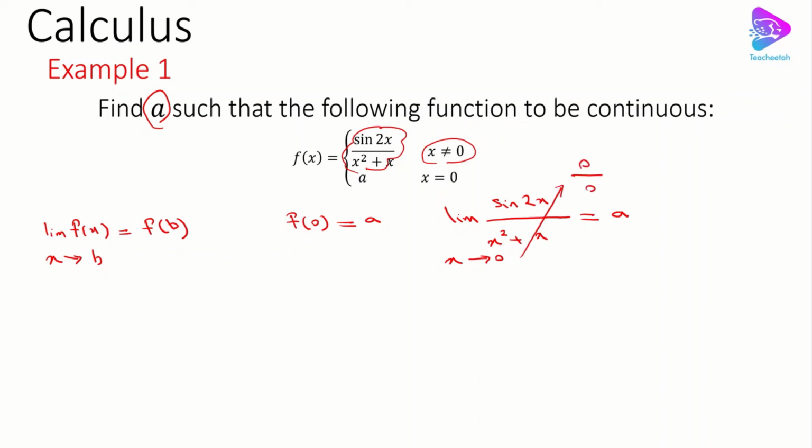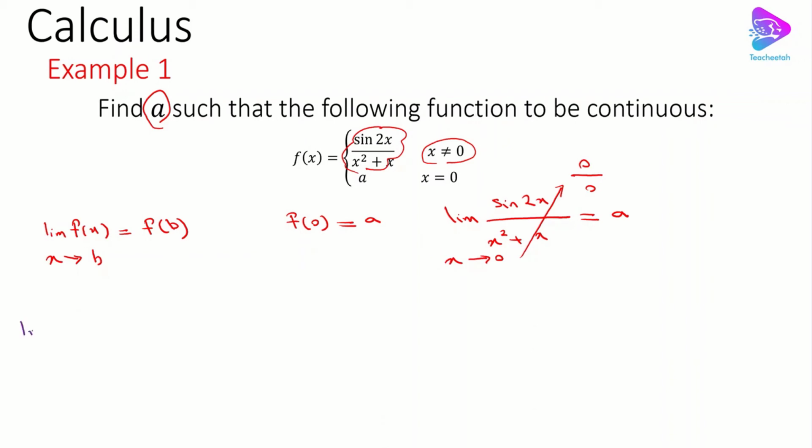And in order to solve this limit, we have to use some sort of algebraic simplification. So in order to do that, what I'm going to do is multiply both top and bottom parts by 1 over 2x.